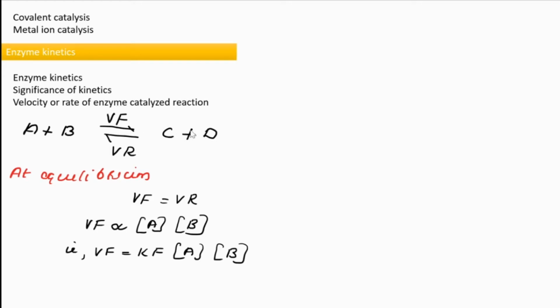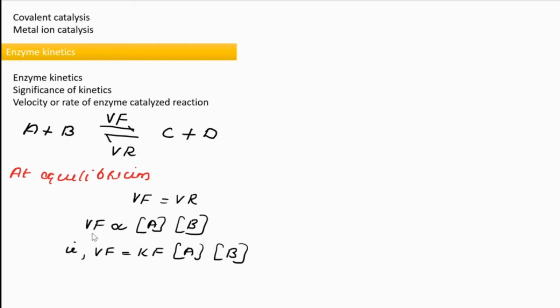And if we think in the reverse condition, if the product's concentration or number is high, then what will be favored? The reaction will proceed to the left side. The rate of forward reaction is directly proportional to the product of concentration of reactants, that we can write.